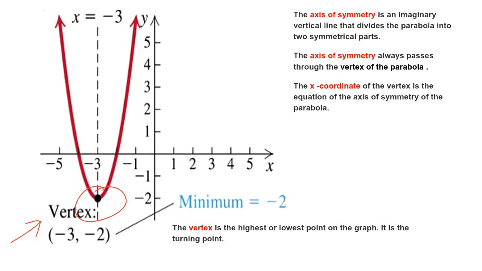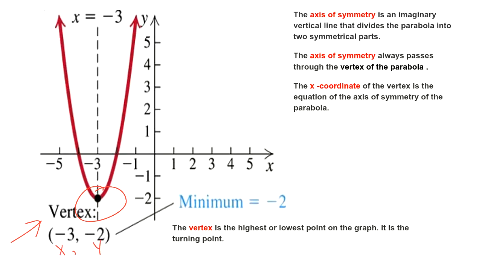And sometimes we want to know the axis of symmetry, which is not a real line. It's like this imaginary line that we draw to split the parabola into two equal, symmetrical parts. When we divide it in half, we divide it through the x of our vertex.